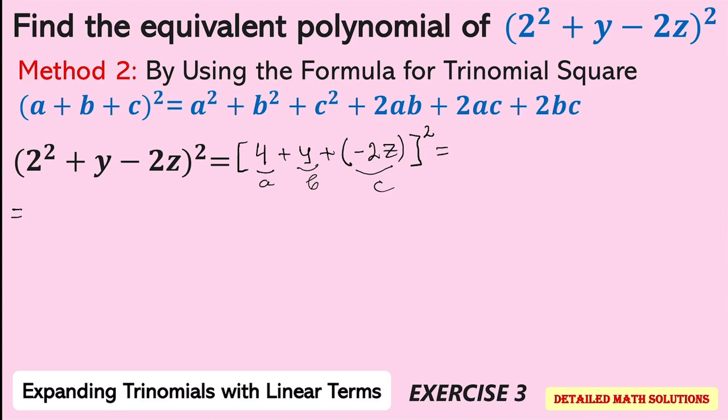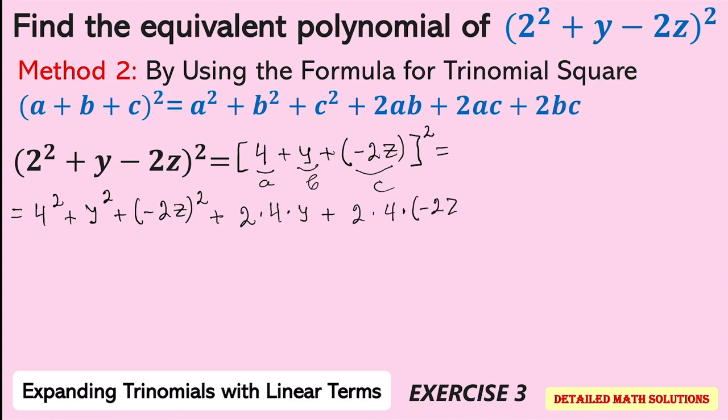Therefore, when I apply the formula, this equals 4 squared plus y squared plus (−2z) squared plus 2 times 4 times y plus 2 times 4 times (−2z) plus 2 times y times (−2z).